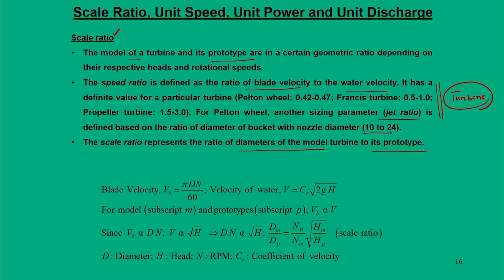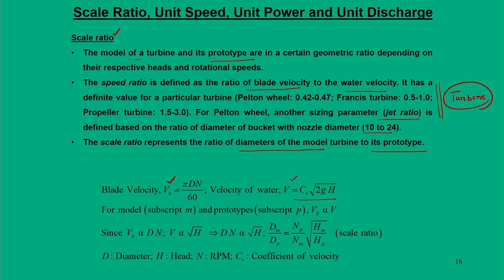Now, looking at the comparison between these two, what is the most common? One is blade velocity. If you recall, this blade velocity or bucket velocity is pi DN by 60 and the speed of water is square root of 2gH.